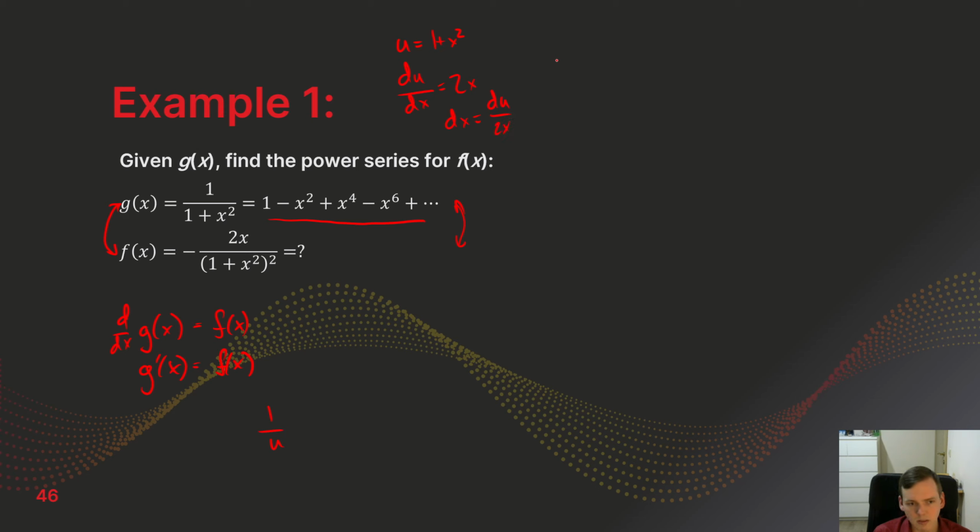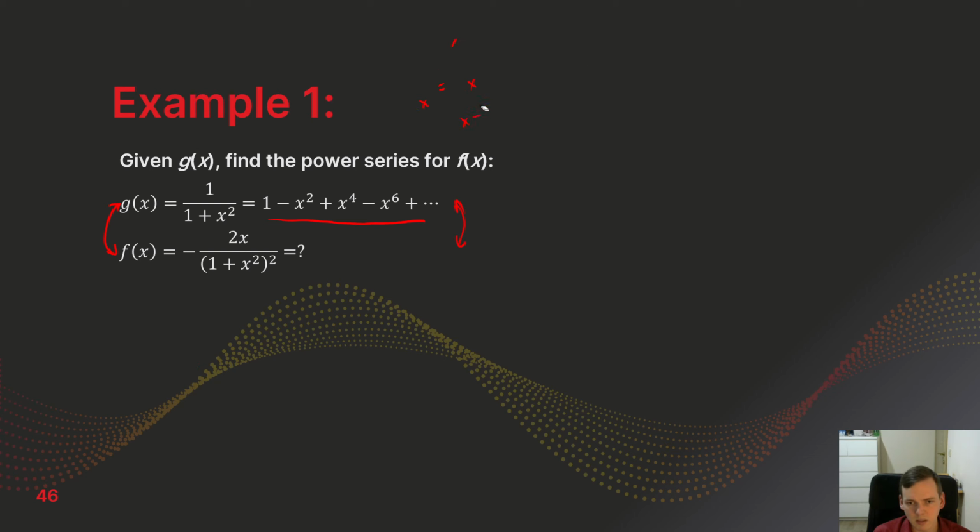So that means my original function is 1 over 1 plus x squared. If I take the derivative of that, what am I doing here that's tripping me up? I got too hasty. It's actually the other way around. It's the integral, I believe.